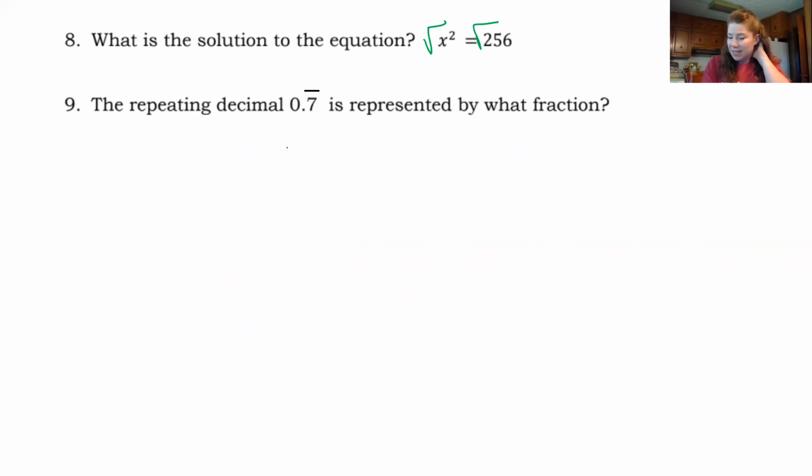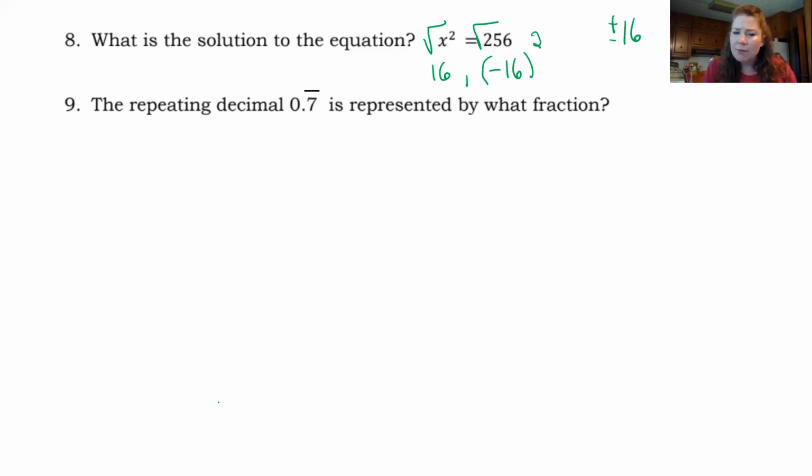And the square root of 256 is 16. But remember, with square roots there are actually 2 answers because -16 squared is also 256. If I put that in my calculator, I would have to put it in parentheses. So be careful. So positive and negative 16 is the correct answer.